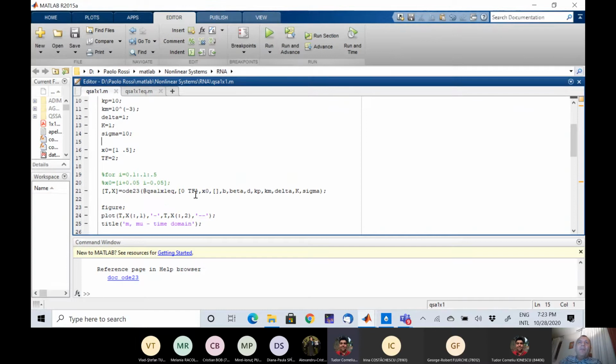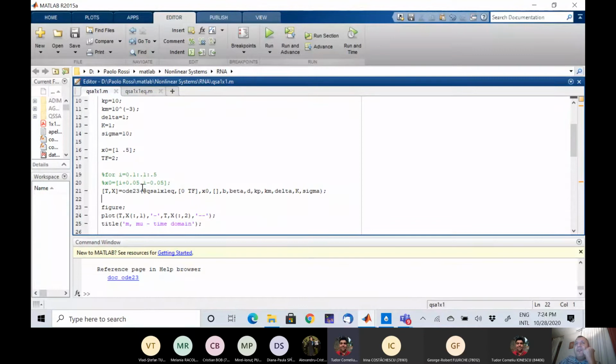Okay, and now this is the line which is most important here. It's the line where we call the numerical integration routine. What we have as an outcome are the time moments and the values of the state space. Don't forget, the state space variable has two components, m and mu, denoted by us x1 and x2, right?